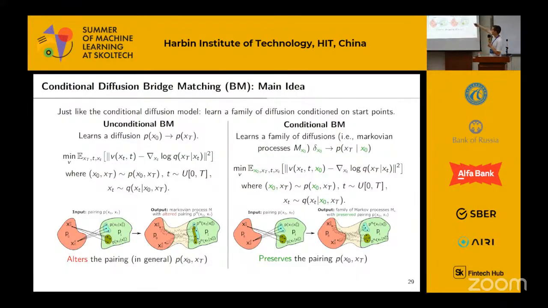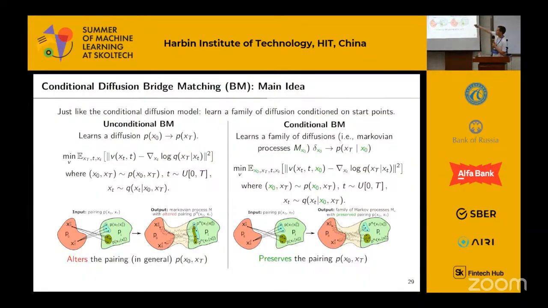Now we learn not just one model v of x, t, but many models. For each x0, for each input point, we learn its own stochastic differential equation, which does the Markovian projection of the process associated with just this input point. So it's not one Markovian projection for everything as we had here, but many different Markovian projections conditioned on each particular input point.